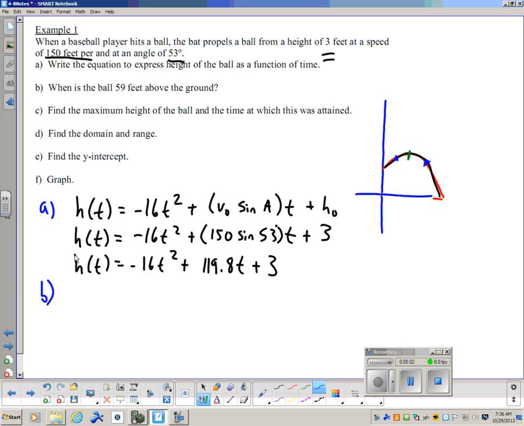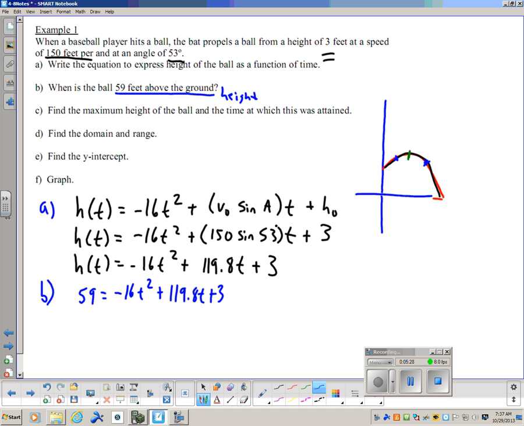So it says, when is the ball 59 feet above the ground? That's the height. So we're going to take 59 and plug it in for h of t. So 59 is equal to negative 16t squared plus 119.8t plus 3.